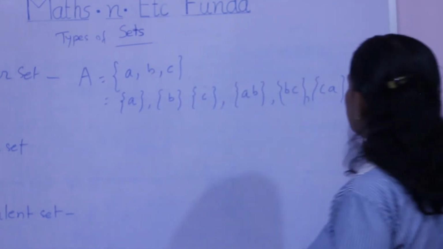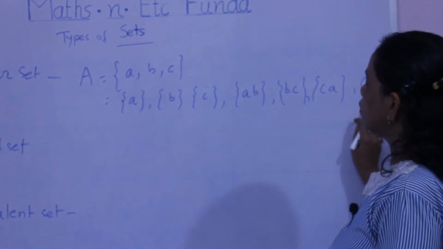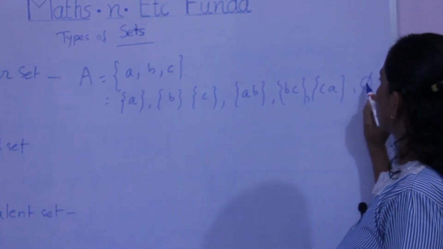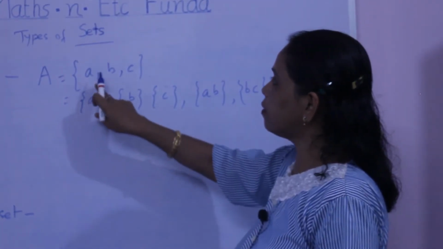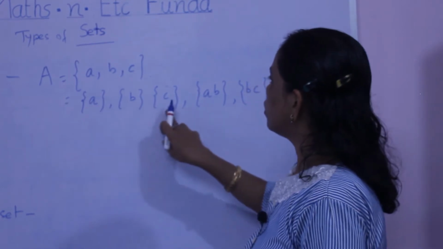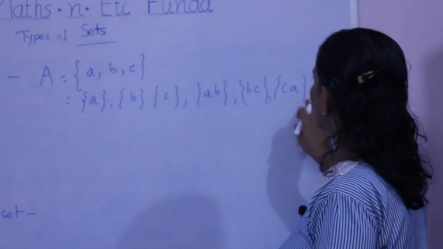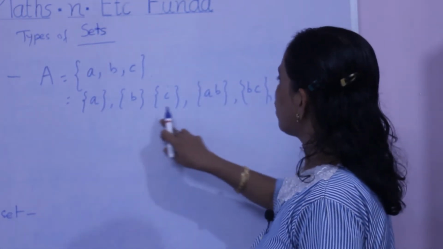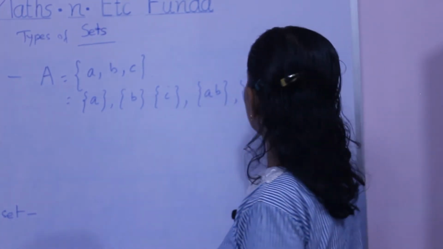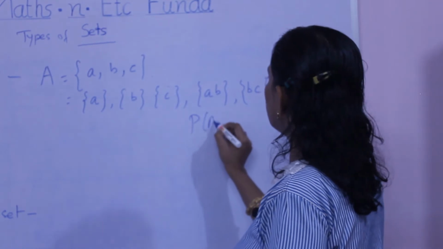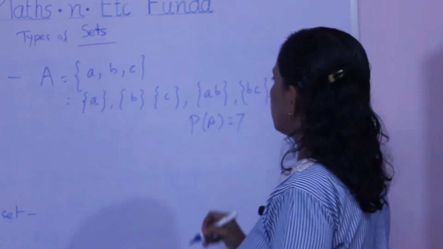Phi is the subset of every set, because since it has no elements, it is a subset of all sets. So how many subsets are there? 1, 2, 3, 4, 5, 6, 7. So 7 subsets are here. The power set is denoted by P(A) equal to 7.